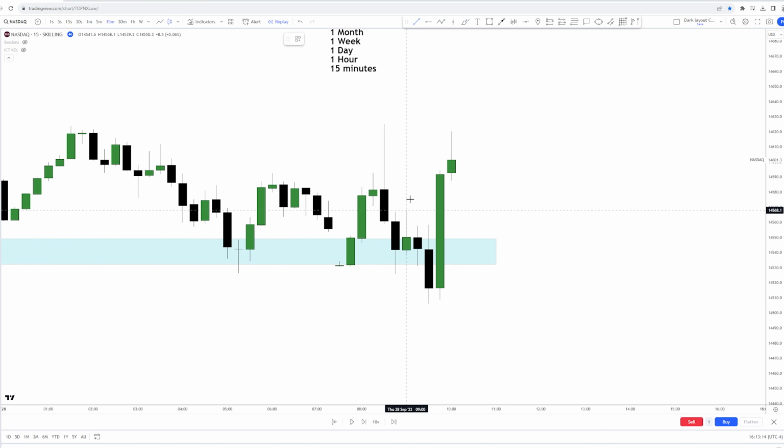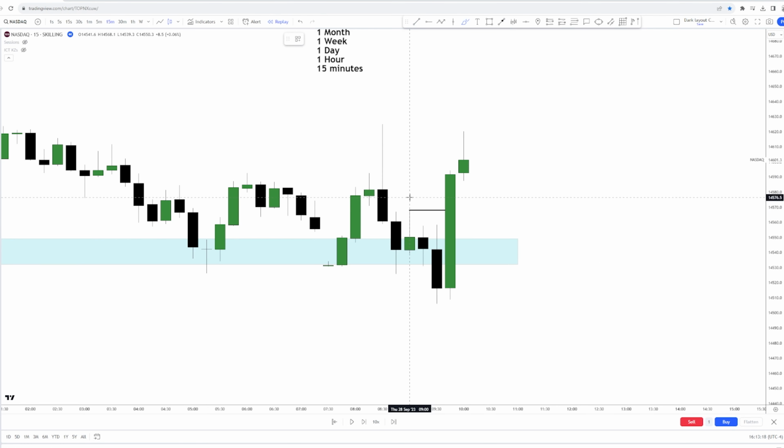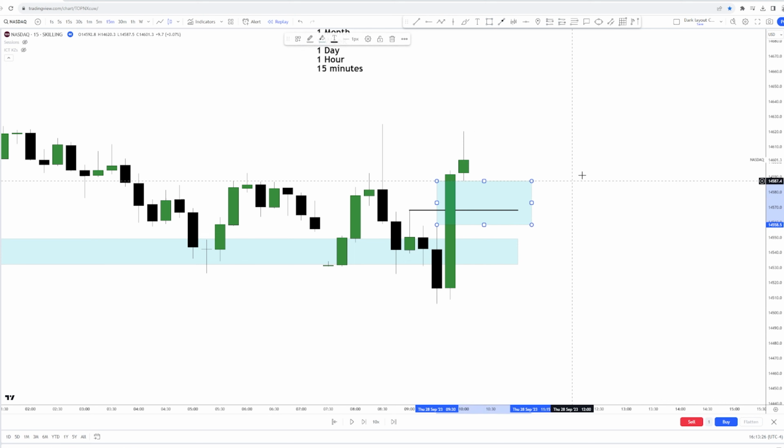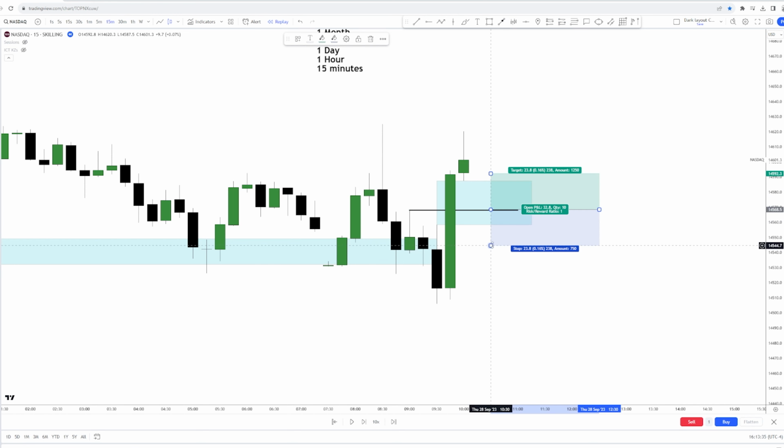What do you see here? You see that we changed character on the 15-minute time frame, exactly right here, which also constitutes a beautiful breaker block which falls on top of this fair value gap. What you can do, you can take your trade now with a pending order either here or from the breaker.